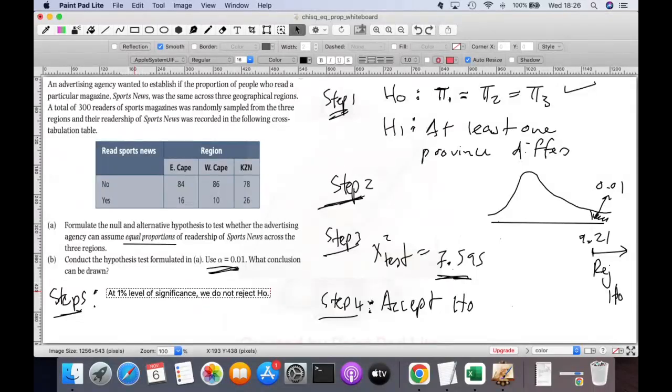And then we will say we conclude there is an equal proportion of readership amongst the 3 provinces.